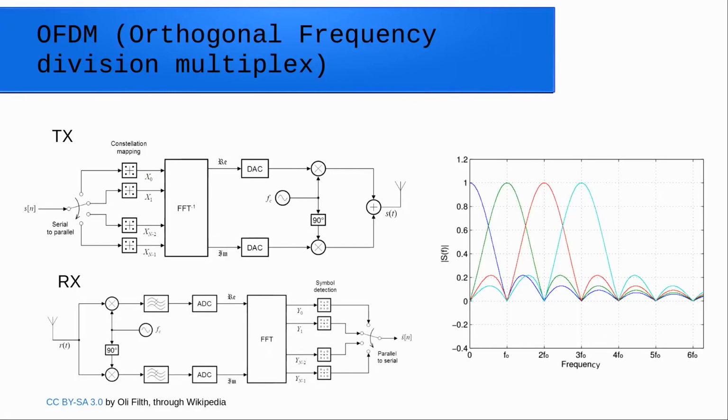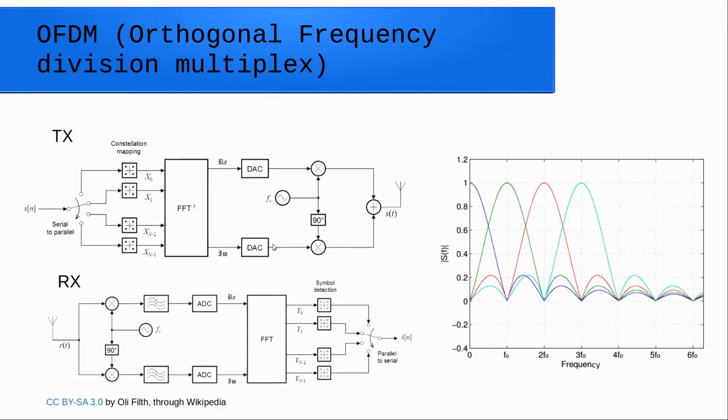And if you distribute your information over several carriers, you still have the chance to receive some of the carriers, and then you can afterwards use some error correction mechanisms to repair the data and get something out of the data. And so here the FFT, or in the TX case, the transmission case, an inverse FFT is used to distribute, for example, the QAM data to the different frequencies, to the different carriers.